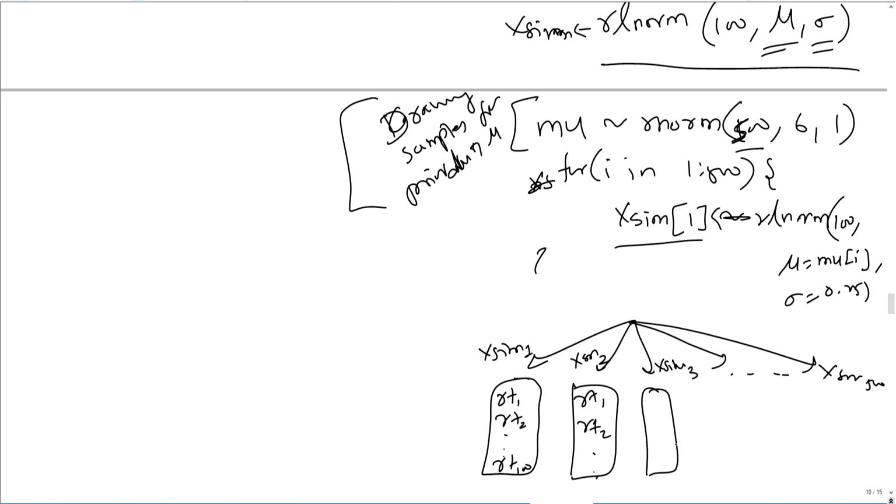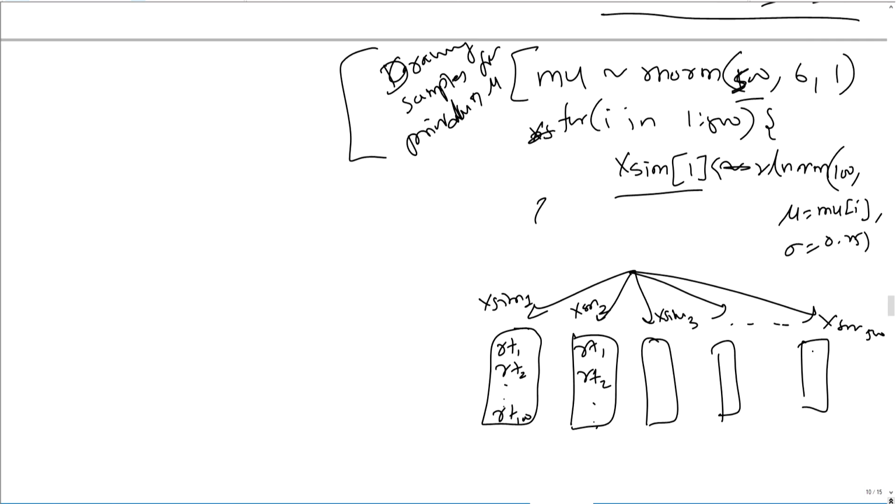So, this is how the prior predictive data looks. This is called prior predictive data. You have 500 prior predictions from the model, where each sample contains 100 observations.